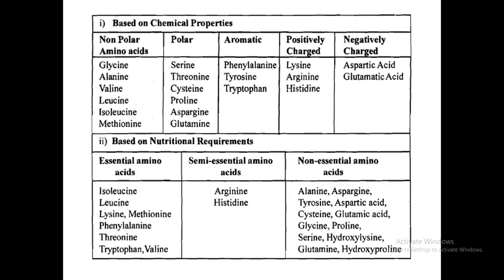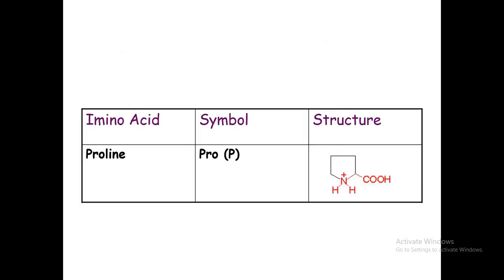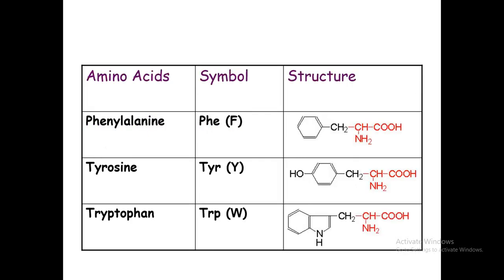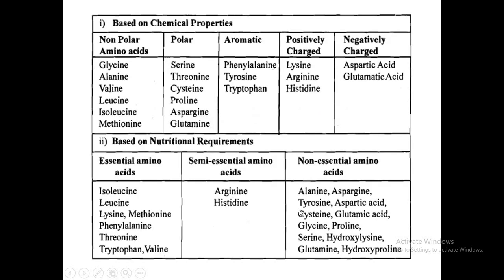Now we talk about how we classify amino acids. Actually, amino acids are classified on the basis of differences in the side chain, especially the polarity of the side chain of these amino acids at physiological pH.